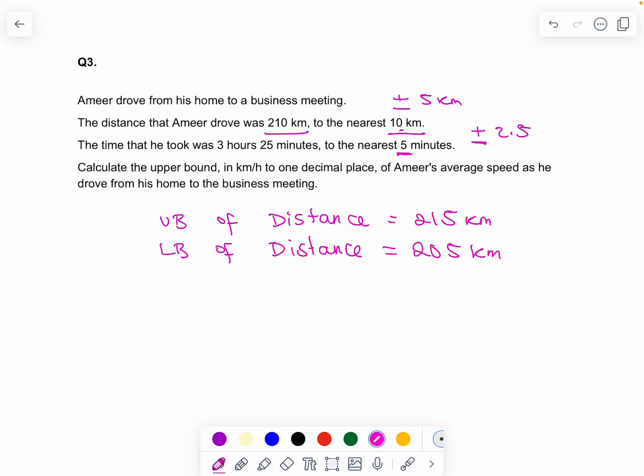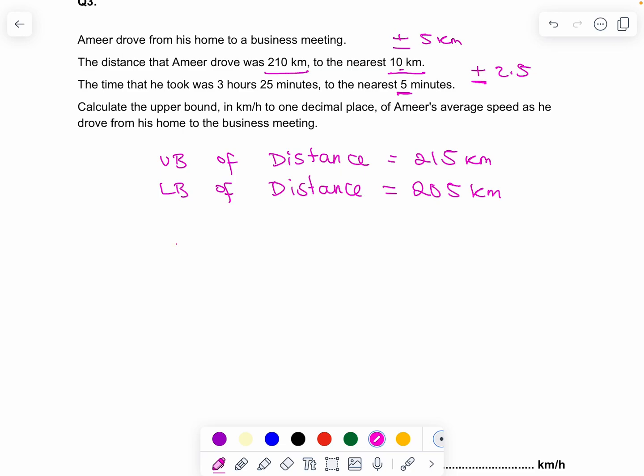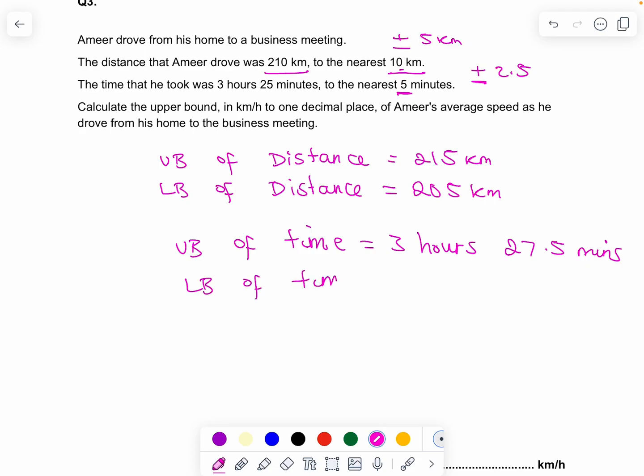And so that means that the upper bound of my time must be 3 hours and 27.5 minutes. And the lower bound of my time must be 3 hours and 22.5 minutes. So I've subtracted 2.5 minutes.